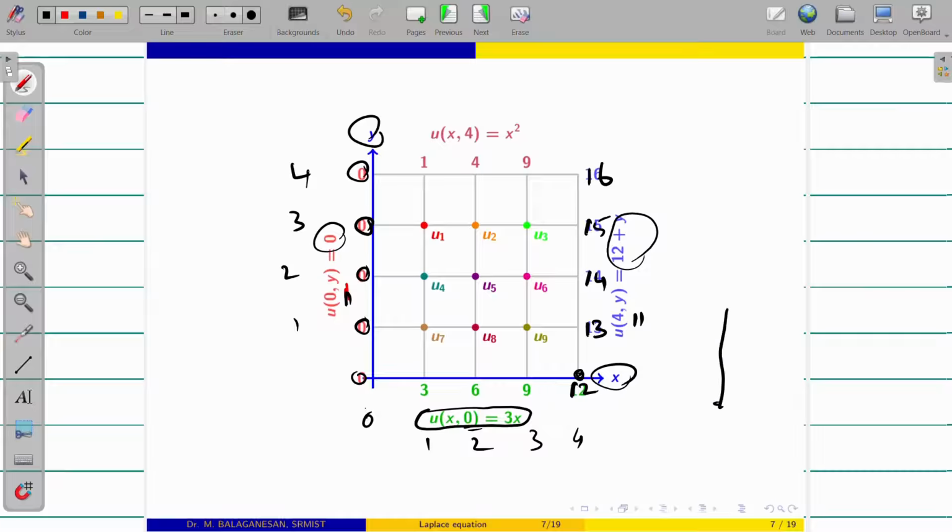If you have the x-axis and the y-axis, in the y-axis, the x value is 0. In the x-axis, the y value is 0. In one axis, the other axis value will be 0. That is the thing. Clear? Now we identify the boundary. Now give the values. X equal to 0, give 0. Already we have written 0. Clear? So that is the clue I would like to give now.